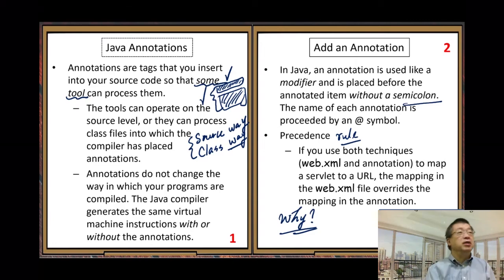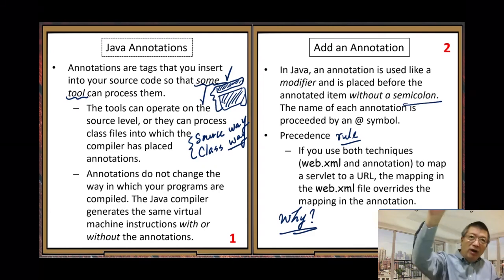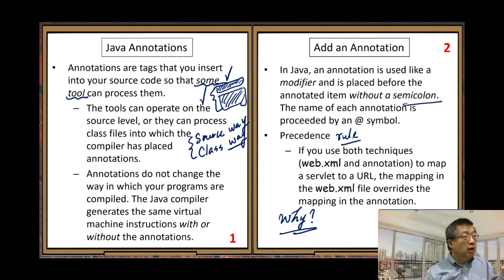Because when the web.xml overrides the annotation, it will be more convenient. Think about it: in one location, I can change my annotation information. Suppose I already used the annotation way to put some important information in my Java code, but later I changed my mind and want to change some pieces of information.